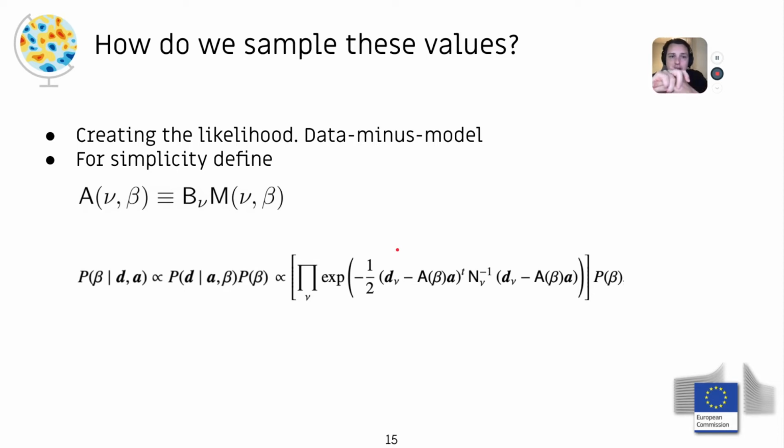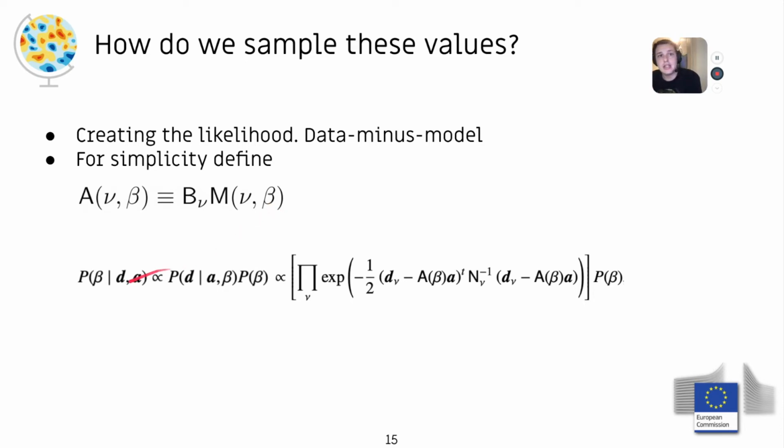So we define A to be the beam times the mixing matrix given the frequency nu and the beta. So we scale all the amplitudes according to the different spectral parameters.